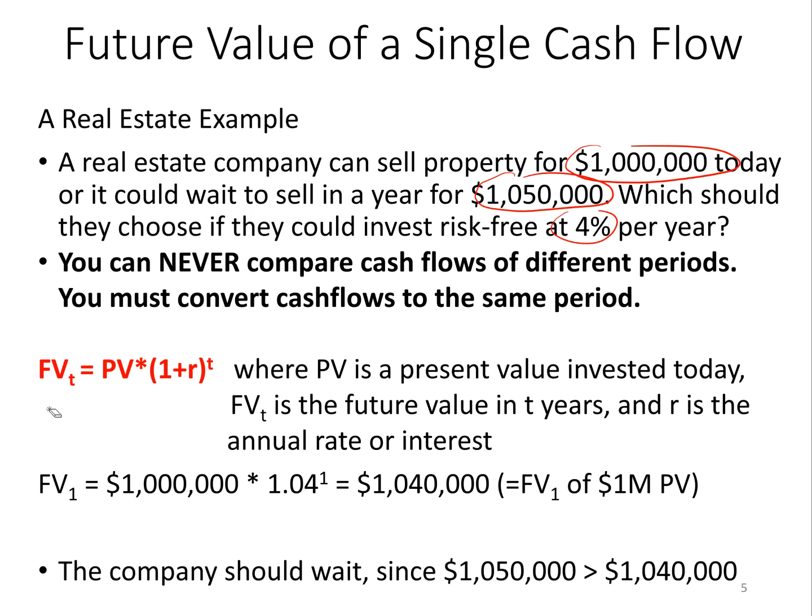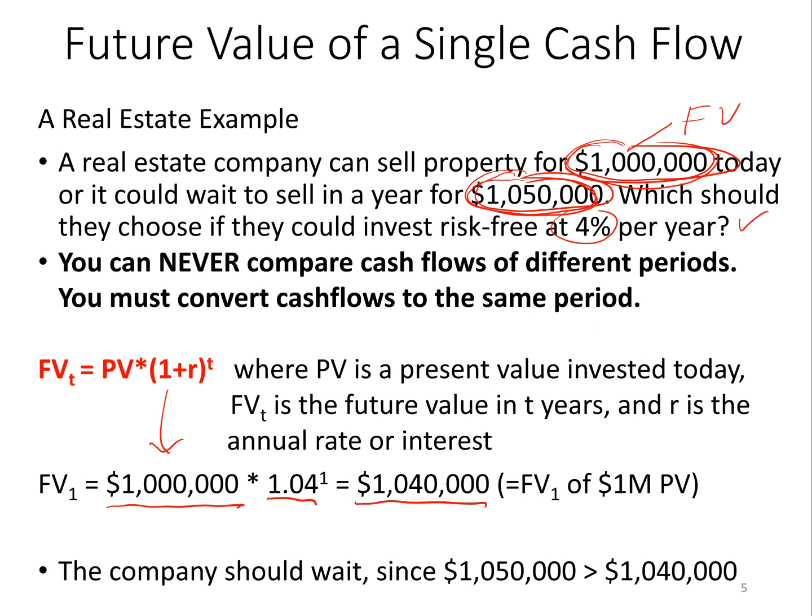If I want to compare whether I want to receive $1 million today or $1.05 million next year, one way is to compare this $1.05 million, which is already a future value, to the future value of the $1 million. So I want to convert this one to a future value. If I receive $1 million for that property today and invest it in the bank at this risk-free interest rate of 4%, I can plug into my formula and I'd have $1.04 million 1 year from now.